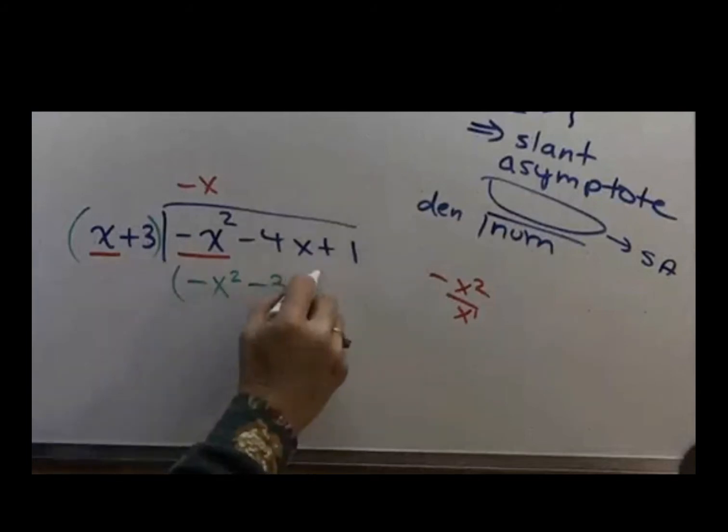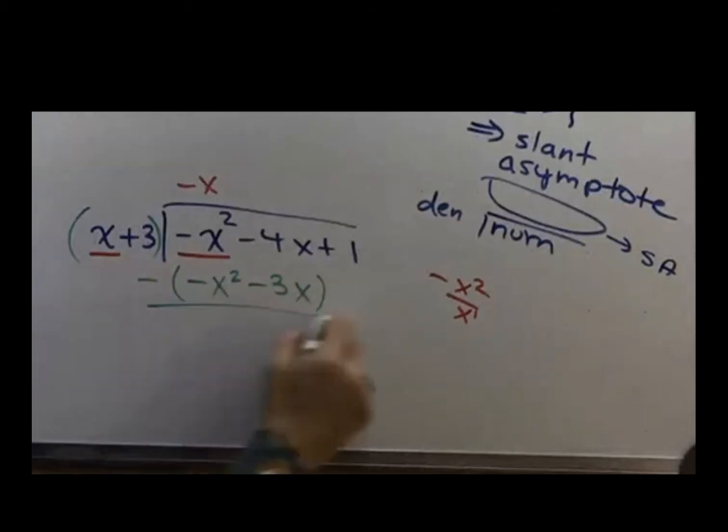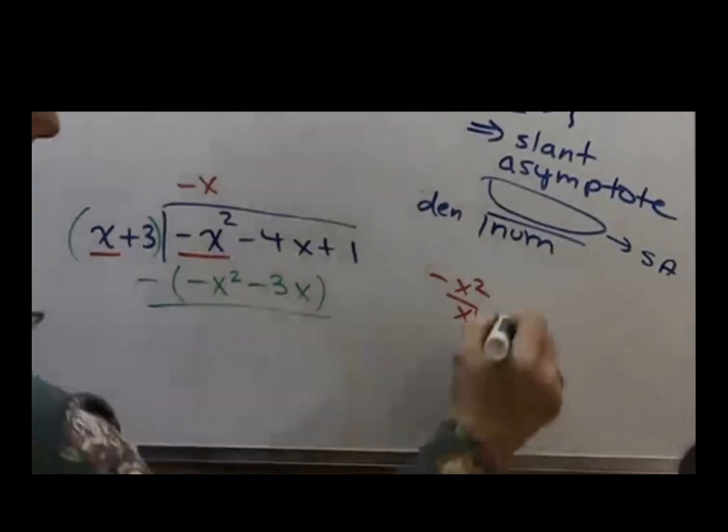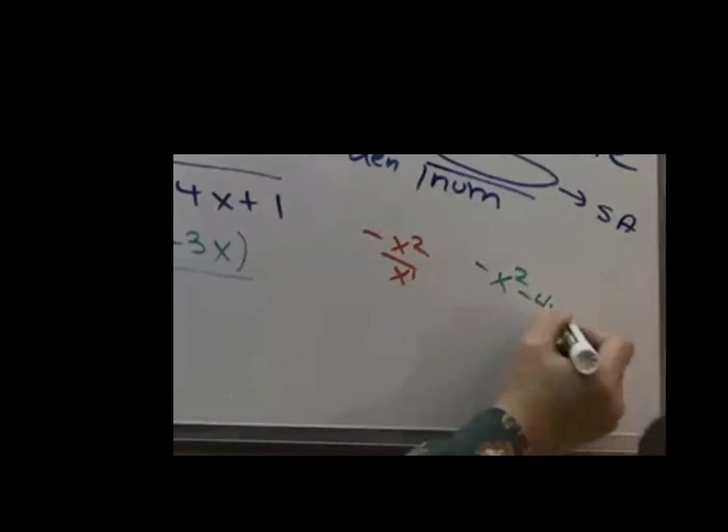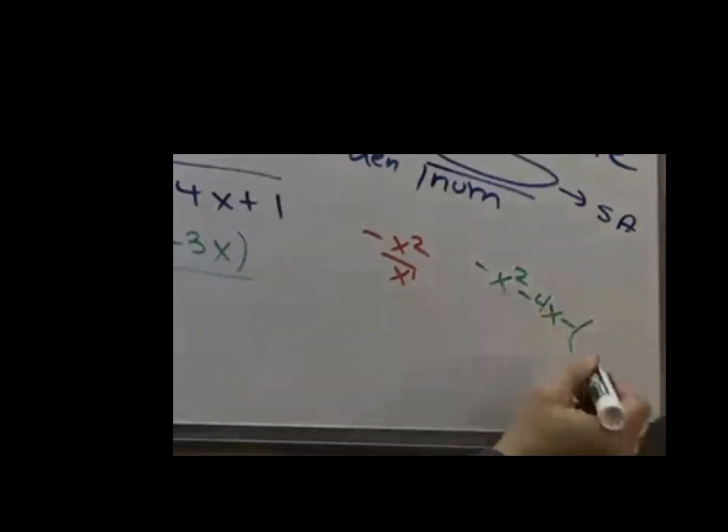But I'm subtracting that, so I can do that off on the side. I got negative x squared minus 4x. I'm subtracting negative x squared minus 3x.